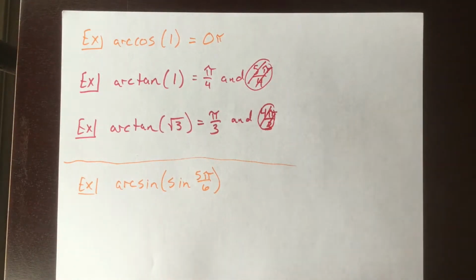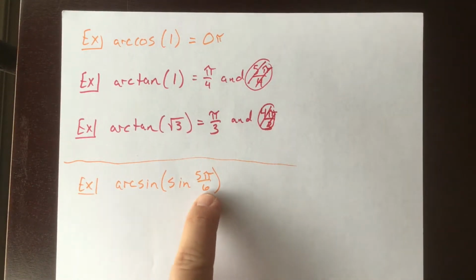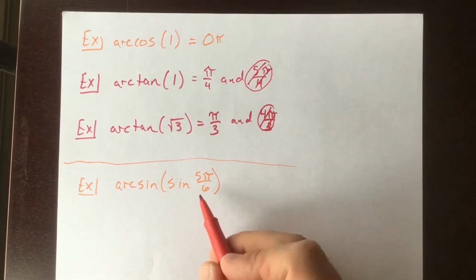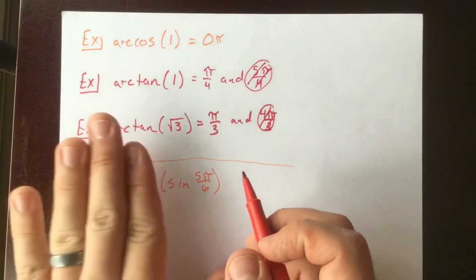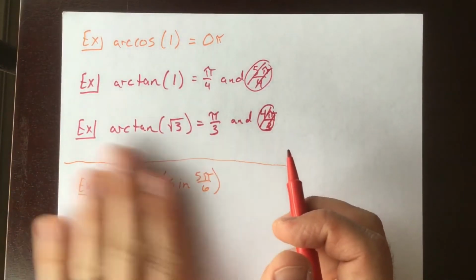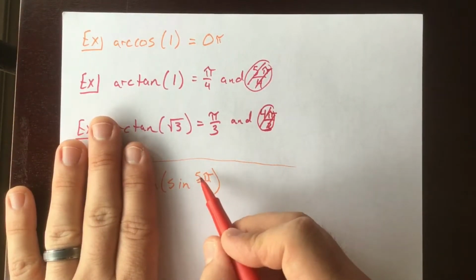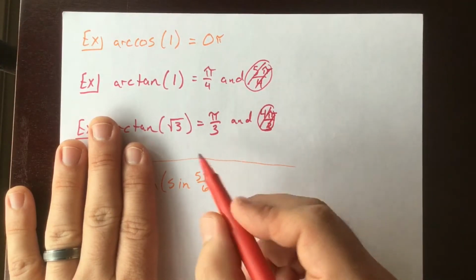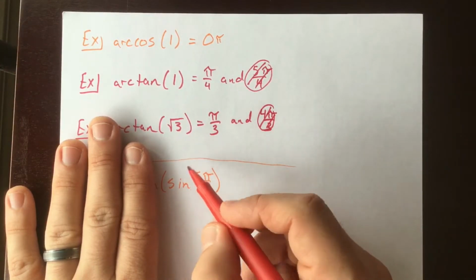If you remember, 5 pi over 6 is not within the domain. So really what we're saying right now is, well, okay, let's look one piece at a time. So sine of 5 pi over 6, that we can evaluate. Sine of 5 pi over 6, we are in the second quadrant.